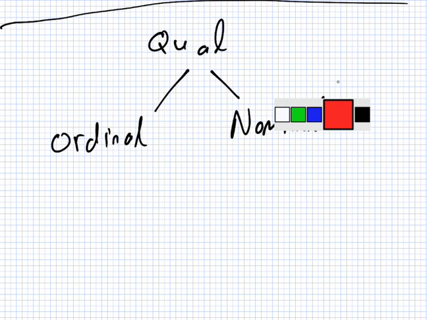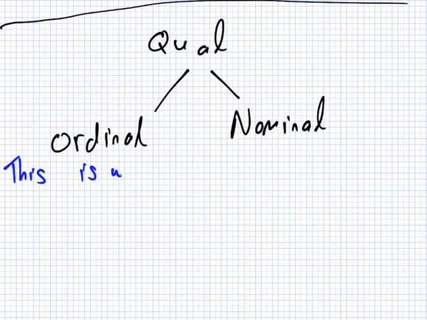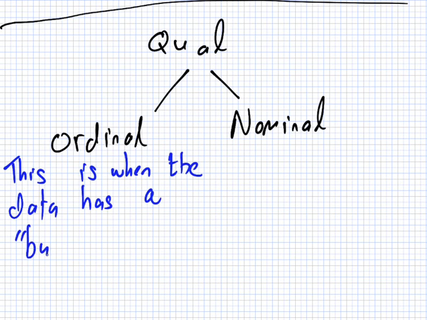So your qualitative data can be split into two as well. We can have ordinal data and we can have nominal qualitative data. So ordinal, this is when the data has a built-in order.